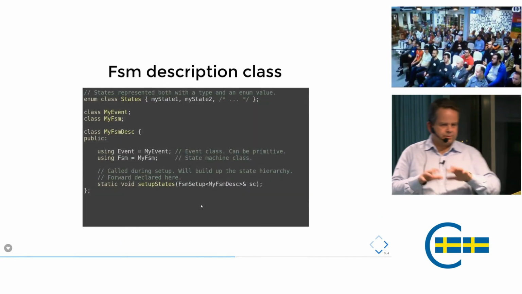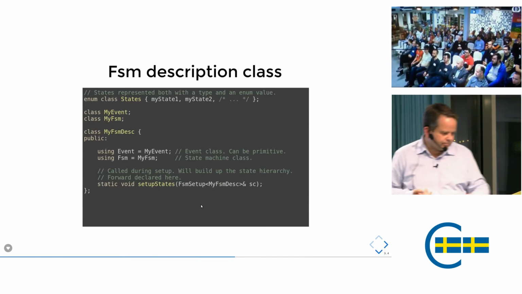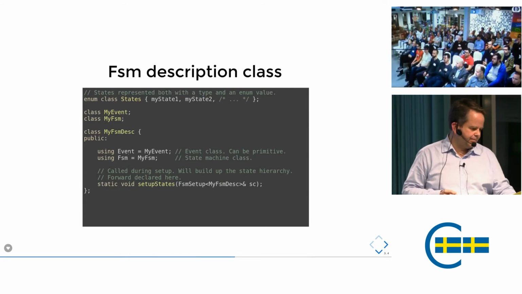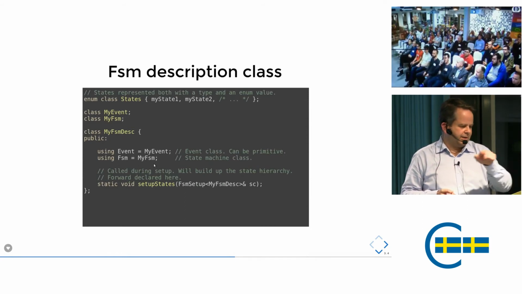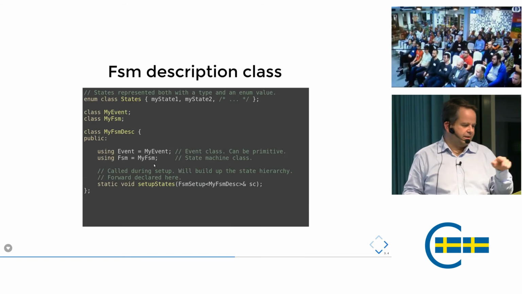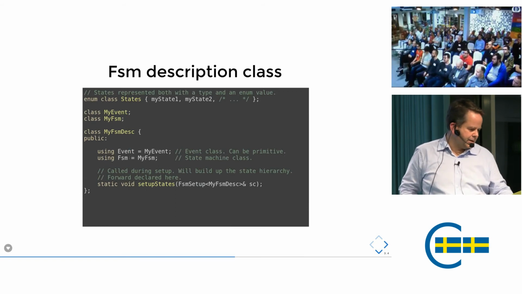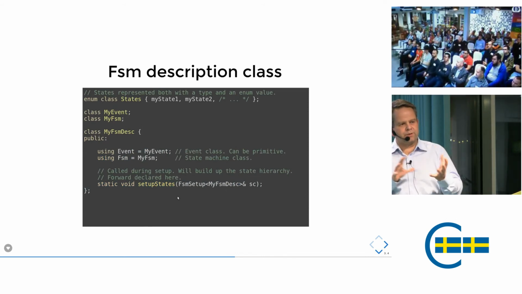So that description class I talked about ties together the event class, my event, and the finite state machine name. It should be a state using states equal, or state ID equal state, I missed that one. And then finally a setup states function that describes the structure, how all these states are tied together.